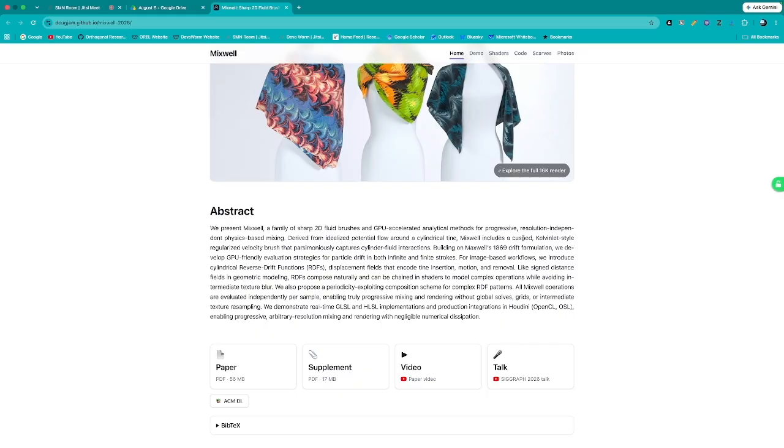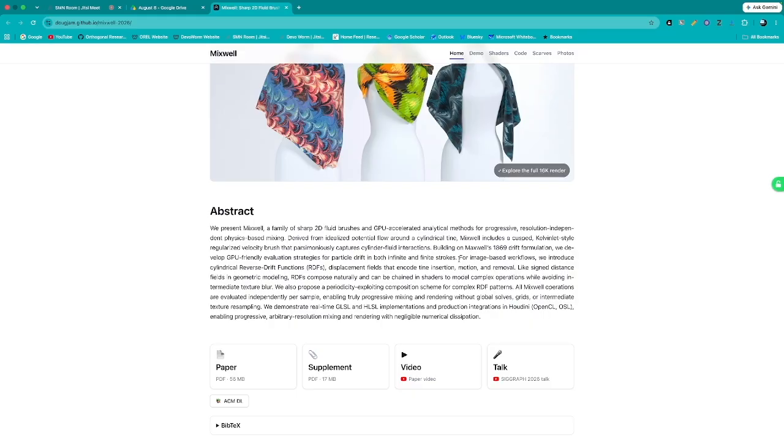Mixwell includes a cusped Kelvin-Lutz style regularized velocity brush that parsimoniously captures cylinder fluid interactions. Building on Maxwell's 1869 drift formulation, we developed GPU-friendly evaluation strategies for particle drift in both infinite and finite strokes.